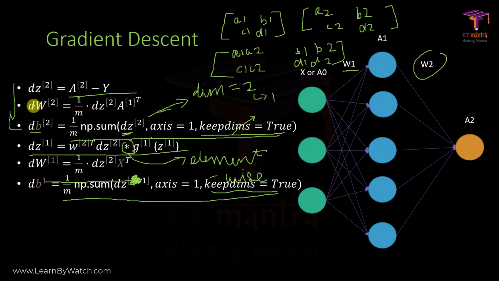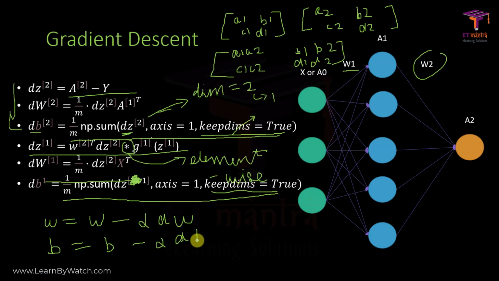Okay, so after we have found out the derivatives, what we did was we just updated the parameters. Suppose in logistic regression, we updated omega as omega minus alpha times d omega, and since we didn't have a separate b variable there, the updation would be performed there itself. But now since we have a b here, we have to update b also.